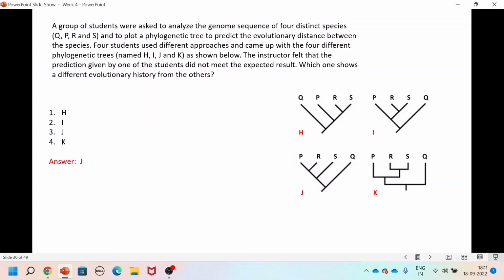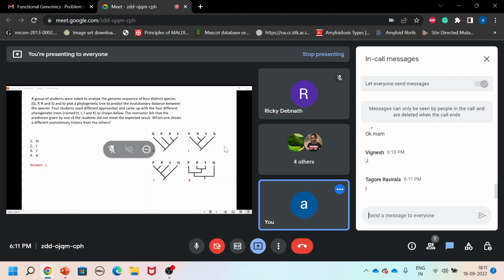Vignesh has answered it correctly. Did you understand the concept of clades? Clades are the organisms which have originated from the same species, from the same organism, right? Okay. So Tagore has also answered option J, correct.